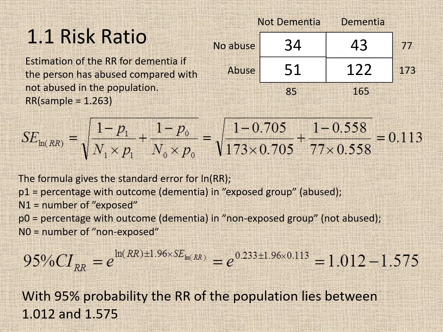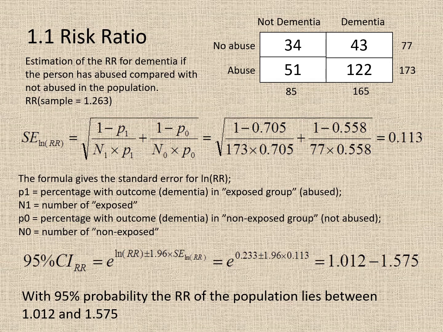P0, percentage with outcome, dementia, in non-exposed group, not abused. And then we have number of exposed, those who have abused, frequency of those, and number of non-exposed. We put in the values there, and we get the standard error of the natural logarithm of the risk ratio, 0.113.